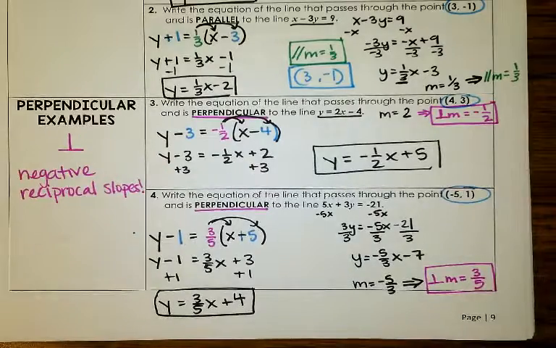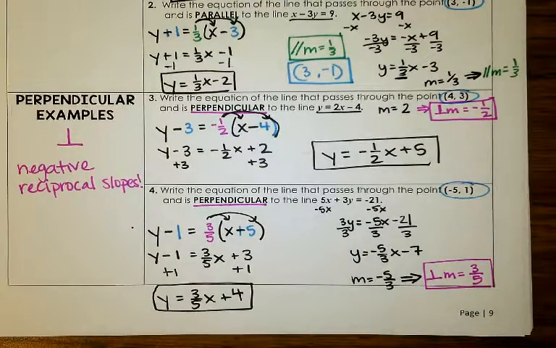All right. Now, one thing that I want to show you guys on these is you can do this kind of algebra method. You can also do this with just a graph. Okay? So I'm a numbers person, so I like the number method. I use these numbers.